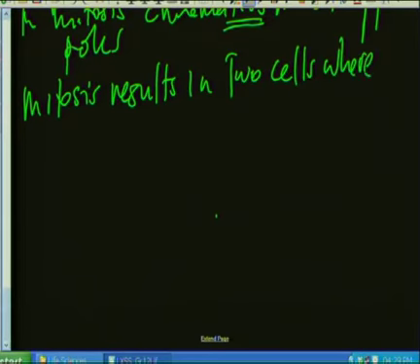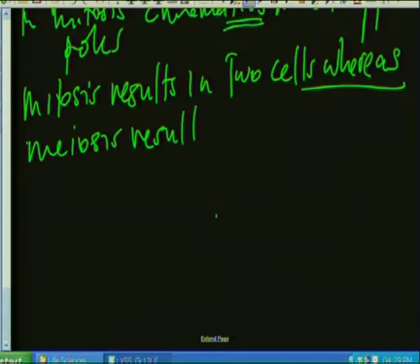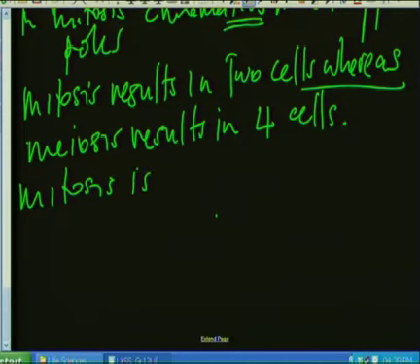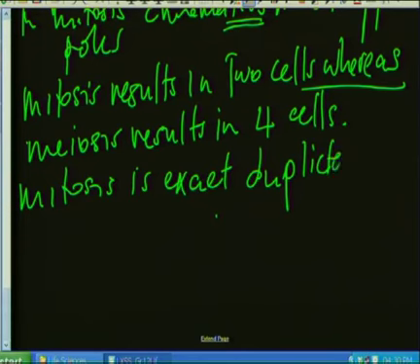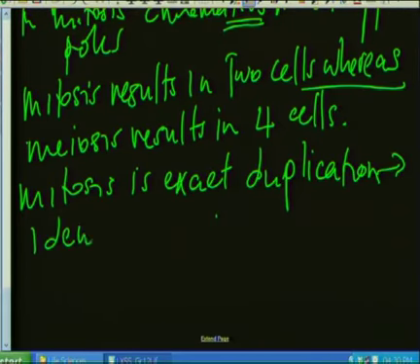Whereas, another linking word you can use when comparing 2 things in an essay is whereas, meiosis results in formation of 4 cells. Mitosis is exact duplication, in other words, identical cells form.